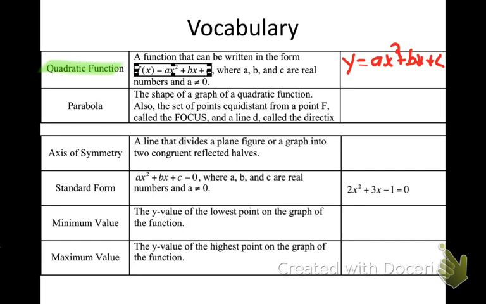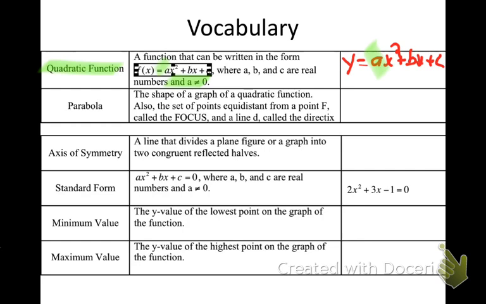Now, I'm going to throw a question at you here, and I want you to think about it. It says where a, b, and c are real numbers, and a is not 0. Now, think about it. Why can a not be 0 in that function or that equation?